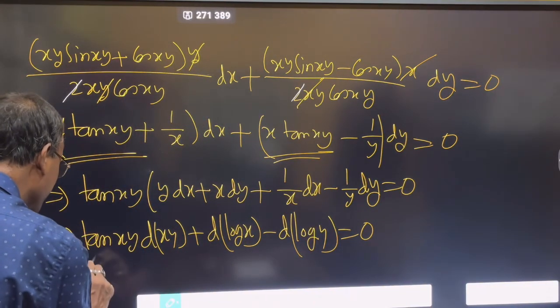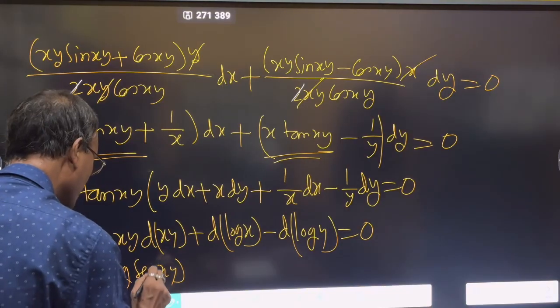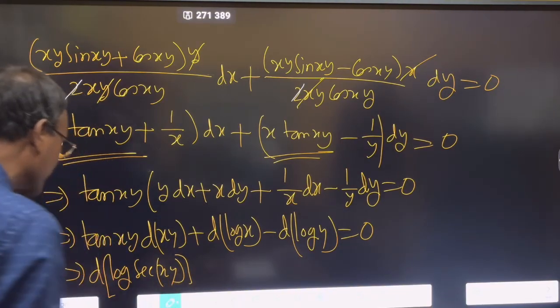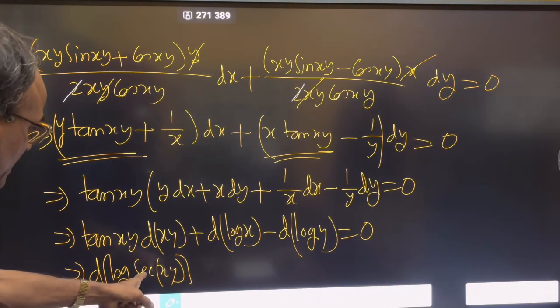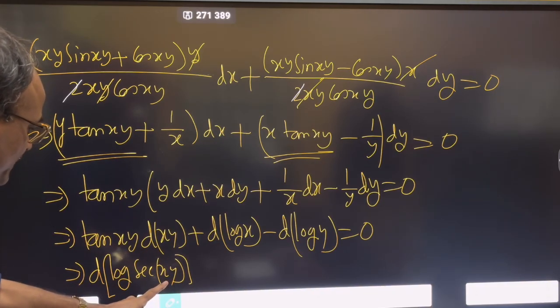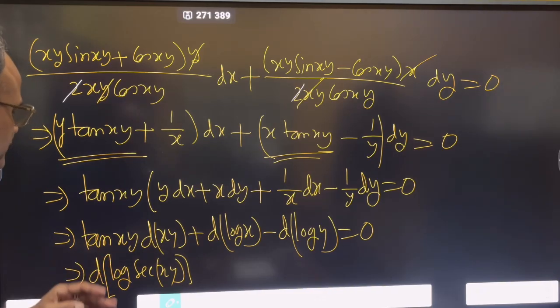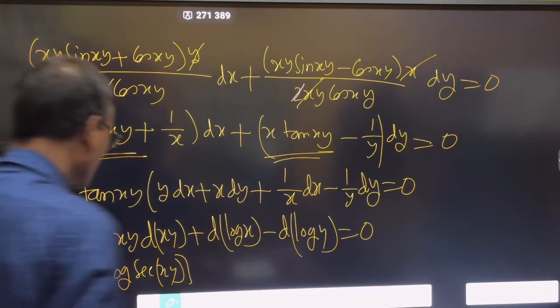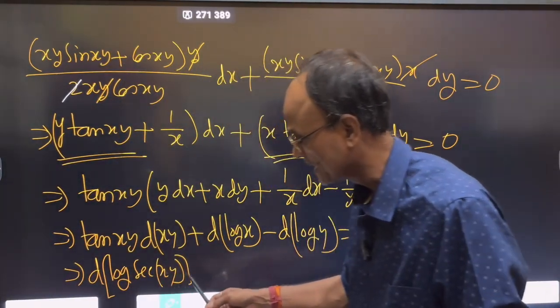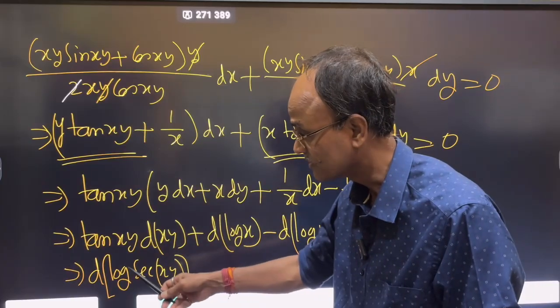That means if you differentiate log of sec xy, you get 1 by sec xy into the differentiation of sec xy, which is sec xy tan xy.